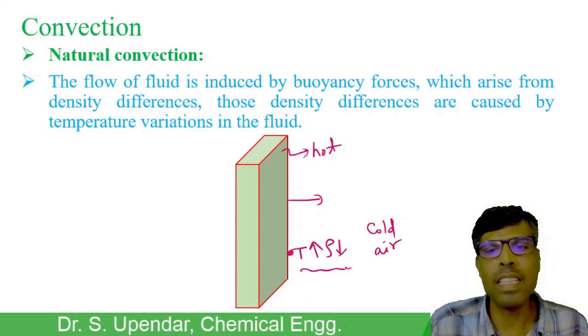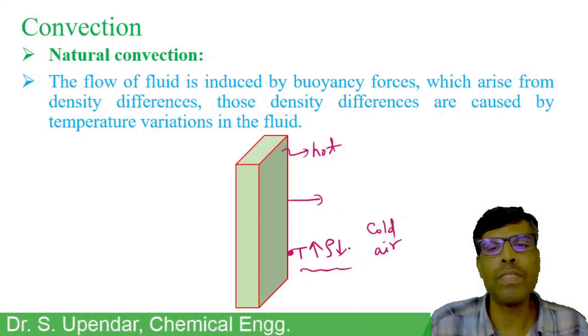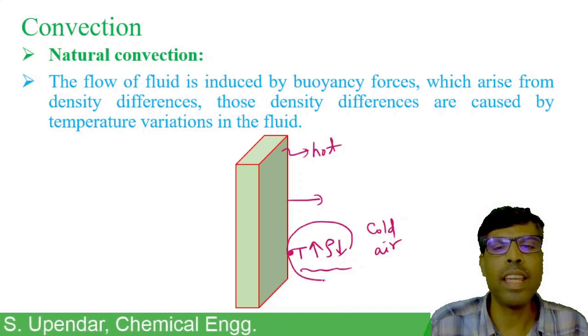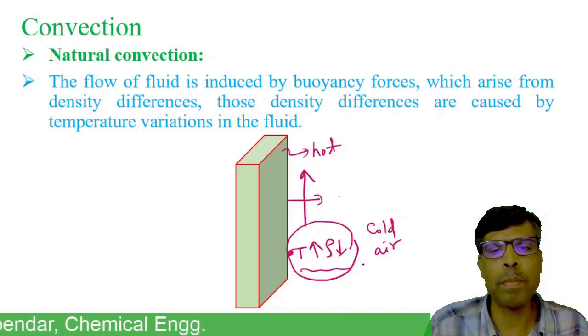These density differences within the air lead to buoyancy forces. Because of these buoyancy forces, low density air or hot air moves upward, and that place is occupied by unheated air or cold air.